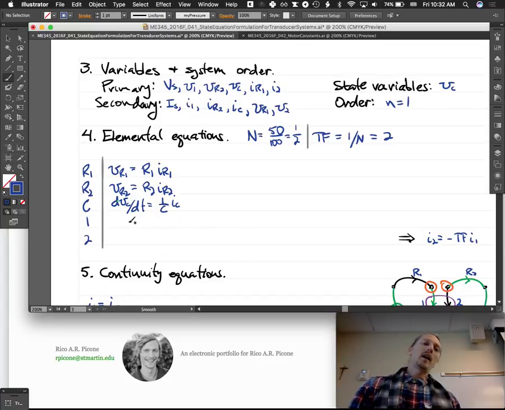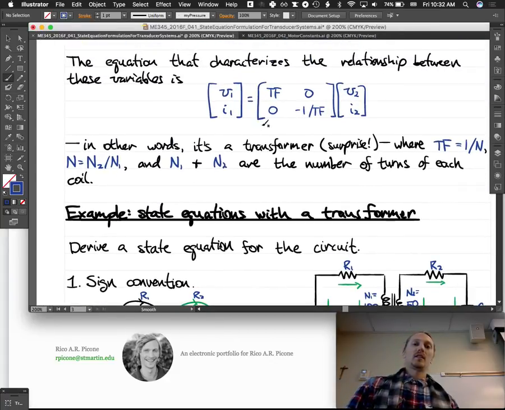And finally, since it's a transformer, it always has this as its two elemental equations, with whichever cross variable as appropriate. In this case, it's voltage and current, right?